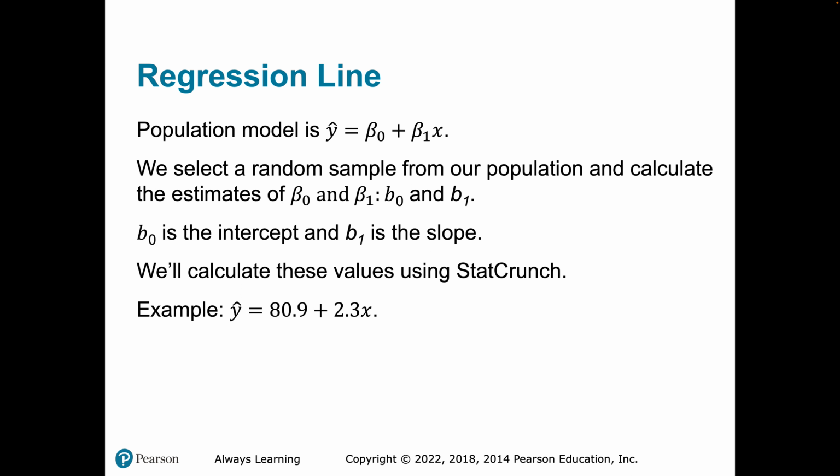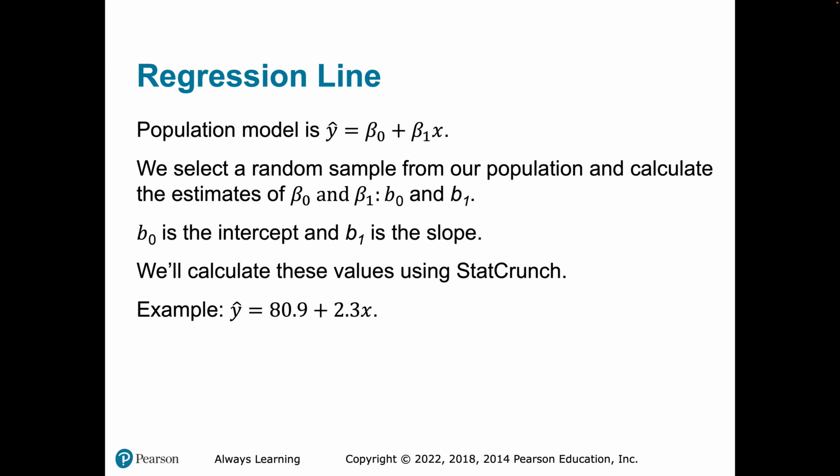Well, I probably couldn't measure everyone in my population, so I would take a random sample from our population and calculate the estimates of beta 0 and beta 1. Those estimates are B0 and B1 respectively. B0, the intercept for the sample, estimates beta 0.